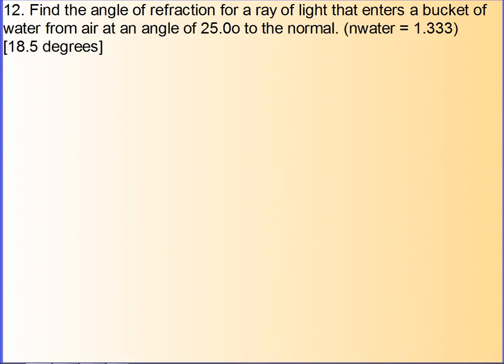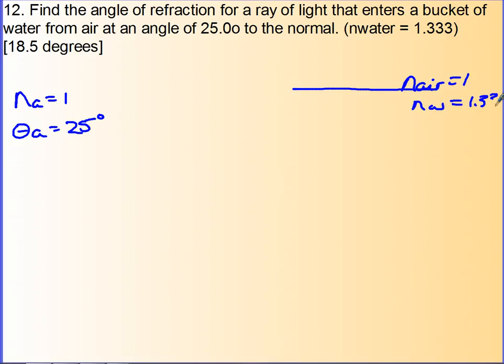Find the angle of refraction for a light ray that enters a bucket of water from air. Okay, so here we have air. And I like air because N of air is 1. From an angle of 25 to the normal. And I tell you that N of water is 1.333. All right, and I'm looking for theta in the water.